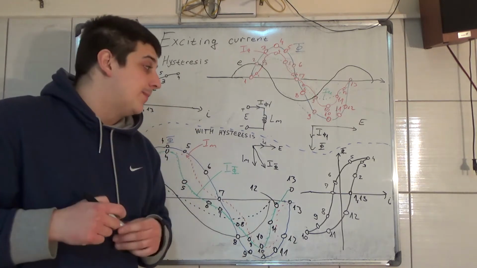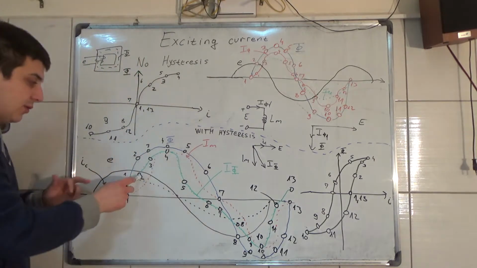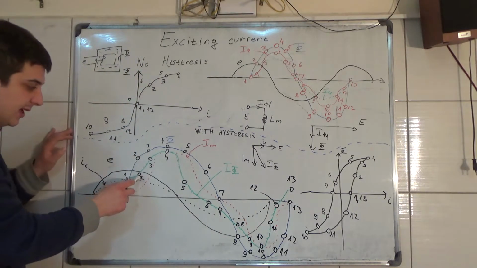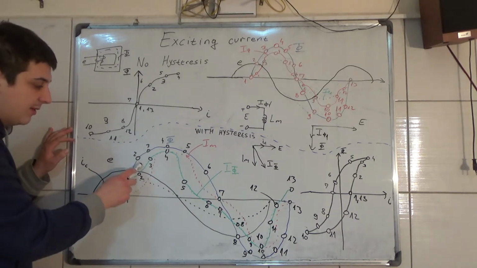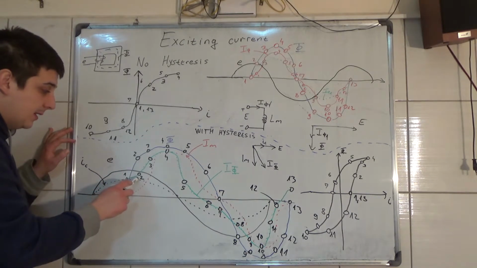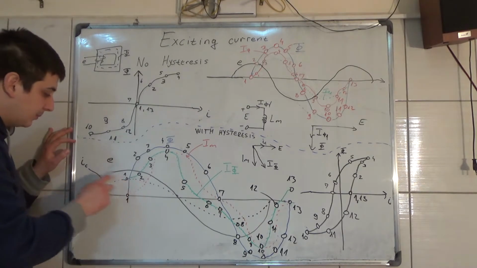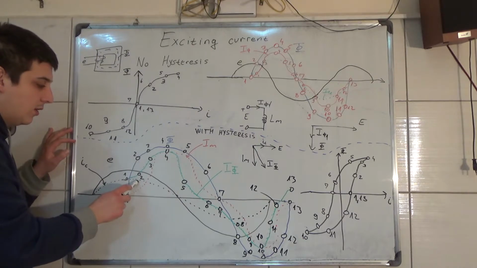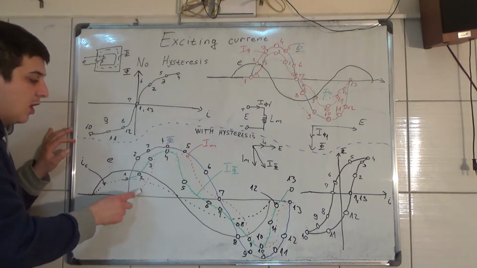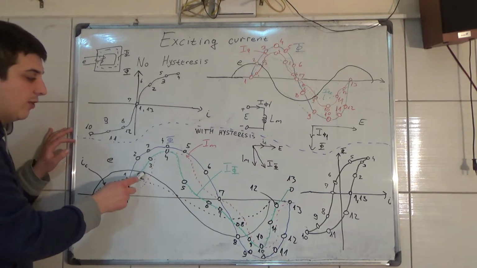We have lagging. Now, at this point 2, the flux has a value somewhere around here, and this IC adds up with the magnetizing current here, and now we have some value over here too.